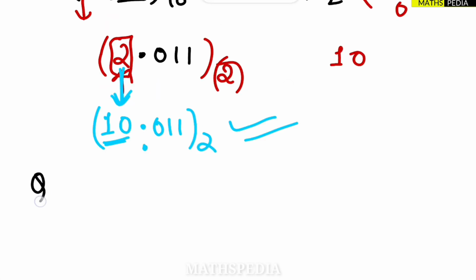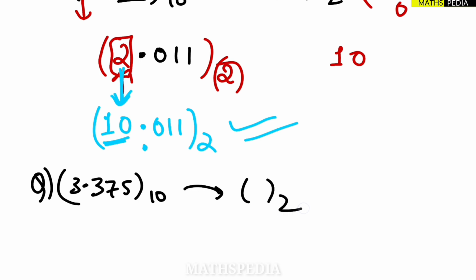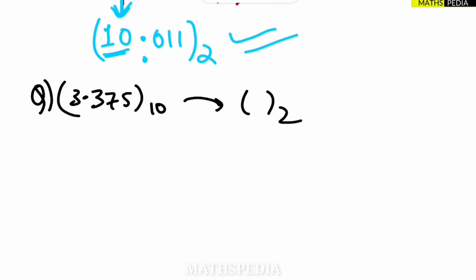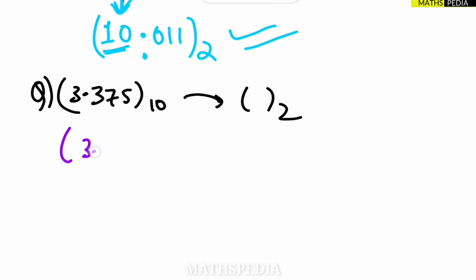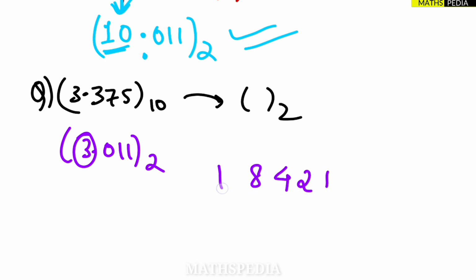So next question is nothing but if I want to convert 3.375, convert this into binary. Okay, so I cannot write the answer as 3.011 because this is not binary. So how to convert this 3 into binary? So basic idea here is nothing but see here 1, 2, 4, 8, 16, 32, like that it will go on, right?